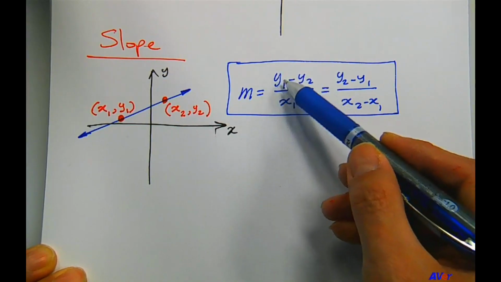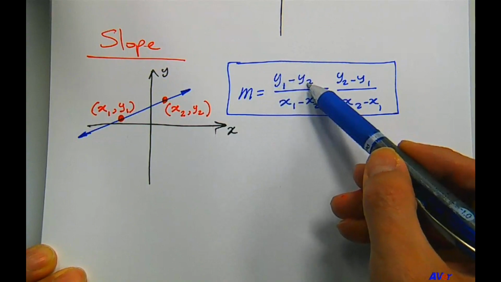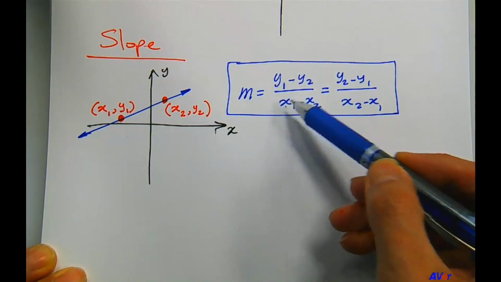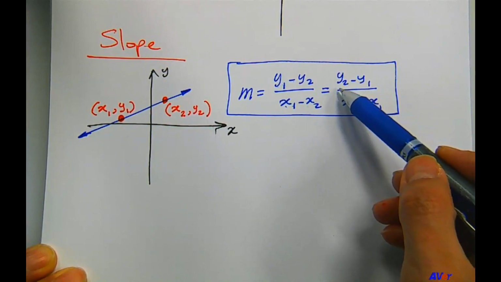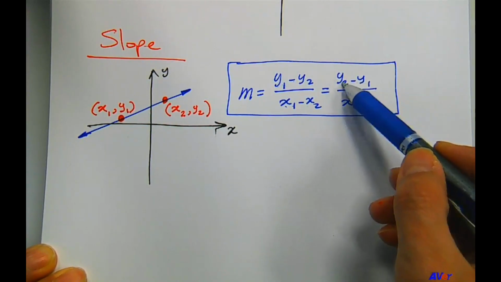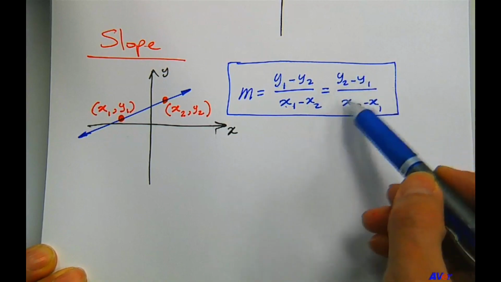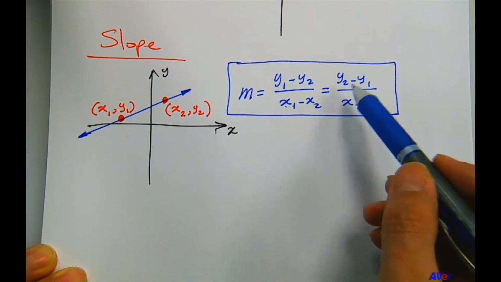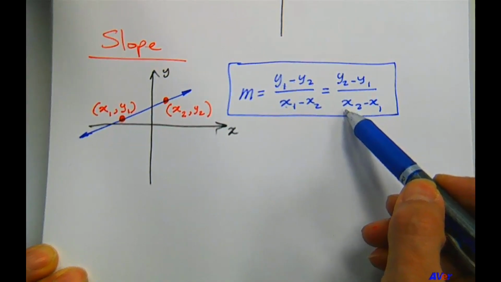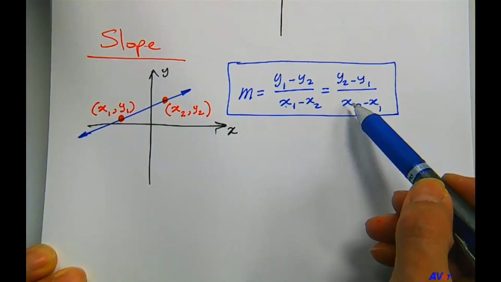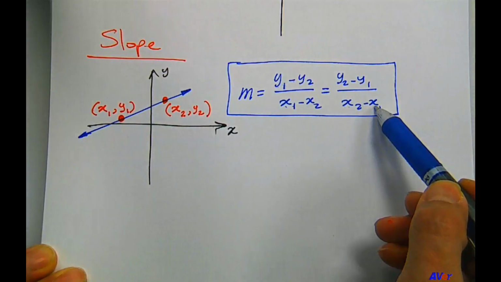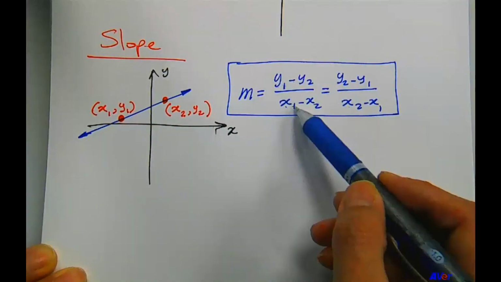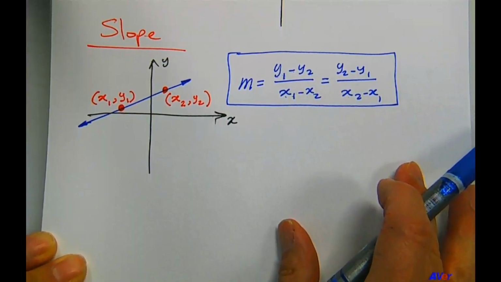So if you say y1 minus y2, then you have to say x1 minus x2. But if you choose to subtract the y components in this order, y2 minus y1, then you're stuck with keeping the order of subtraction the same for the x values. So y2 minus y1 means x2 minus x1. But if you do y1 minus y2, then x1 minus x2. Okay?